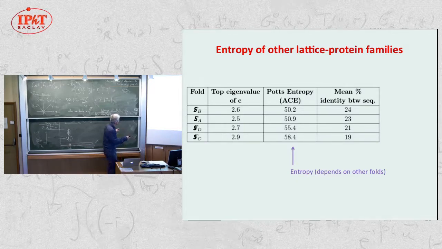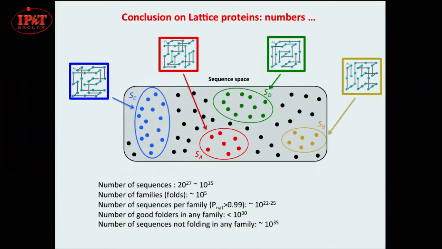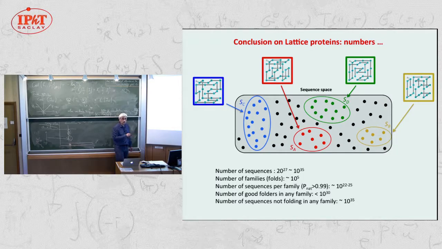I will come to powers of 10 in one slide, or maybe I can show that now. And then I'll come back to the other numbers. So again, this is the same picture as before, but now I can put numbers. In this lattice protein world, these are the numbers. There are 20 to the 27, that is 10 to the 35 sequences.